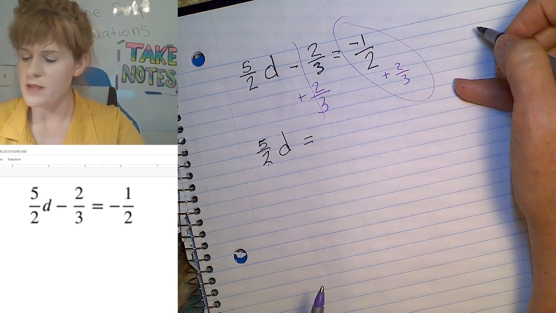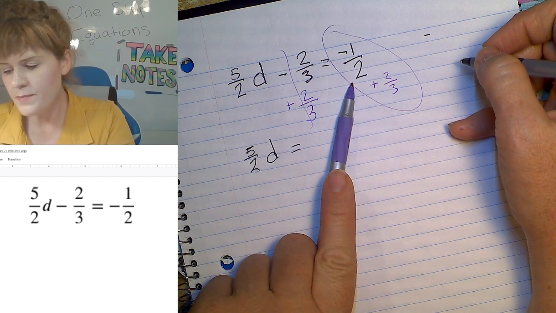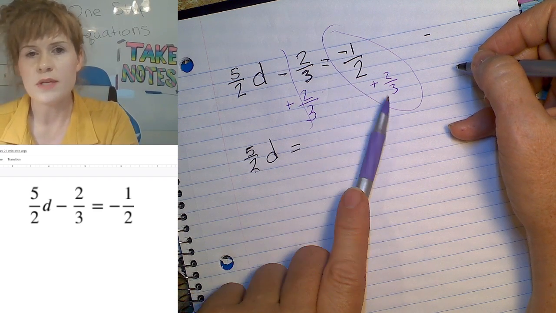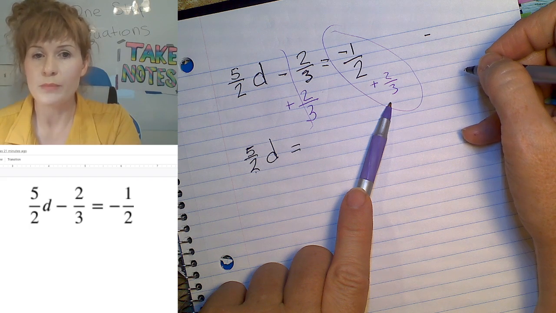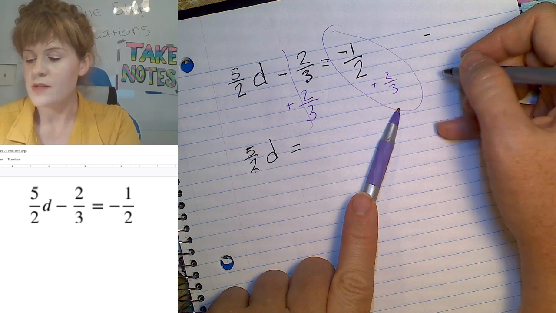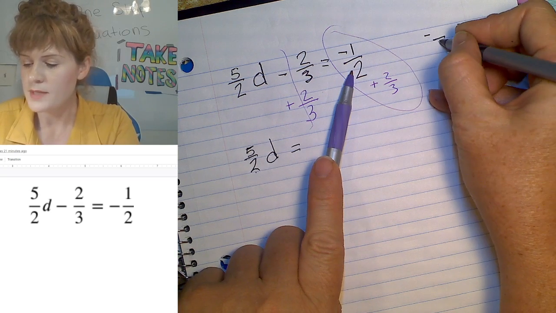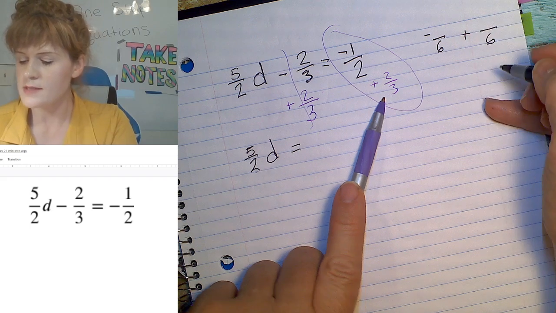I'm just going to do that right here on the side of my paper. I need a common denominator, and for 2 and 3 it is the least common multiple. If you remember those things, that's going to be 6. So I'm going to have something over 6 plus the other number over 6.